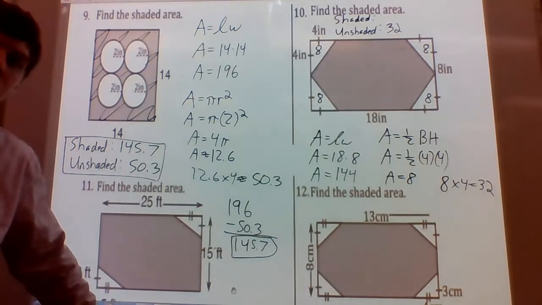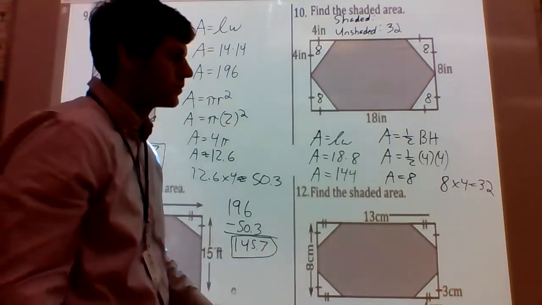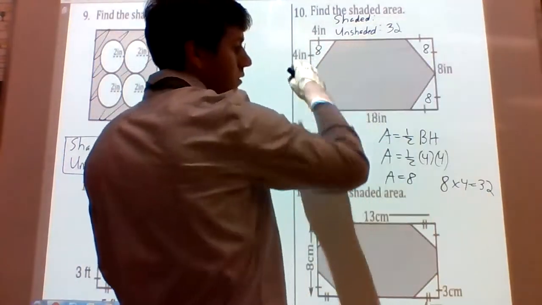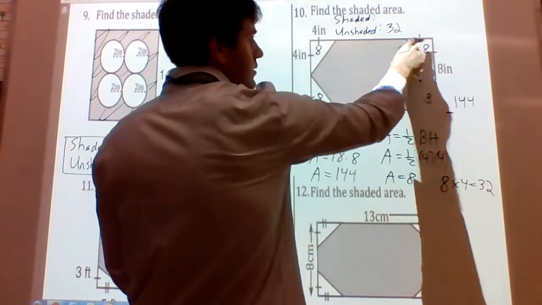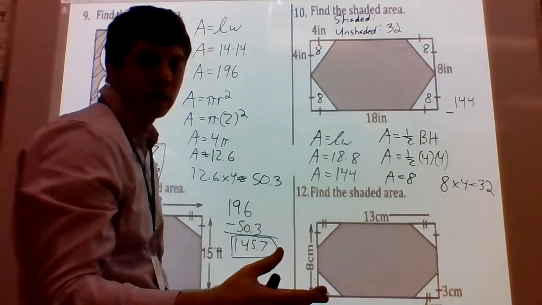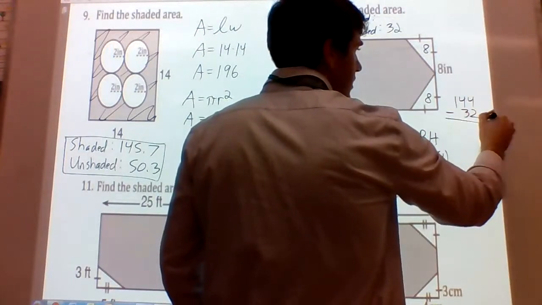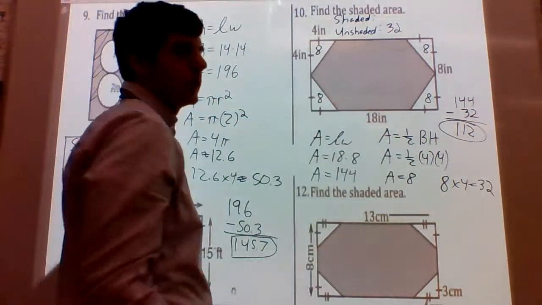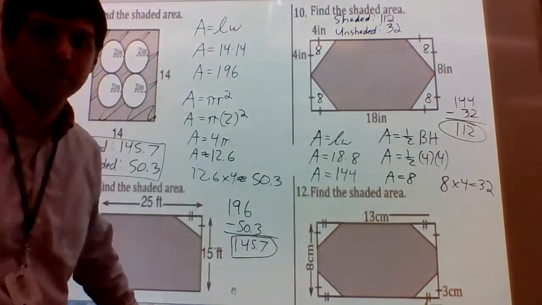Okay. To find the shaded, we have to take the rectangle, which is 144. The whole thing is 144. We have to subtract the 4 triangles, which added together have an area of 32. So we subtract 32, and we get 112. So the shaded area is 112.